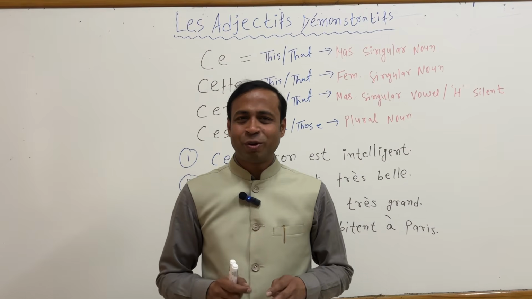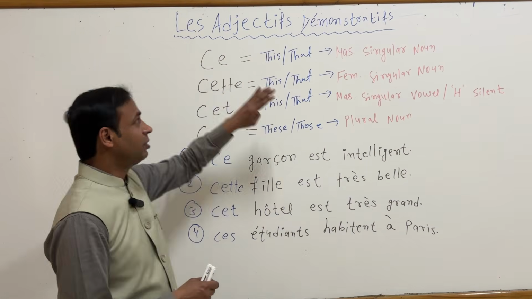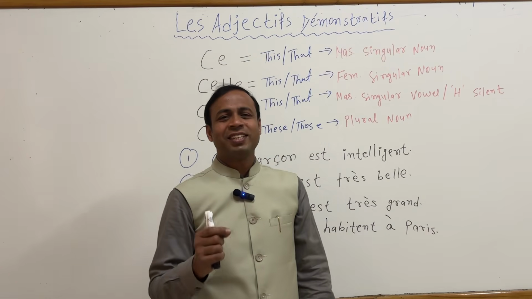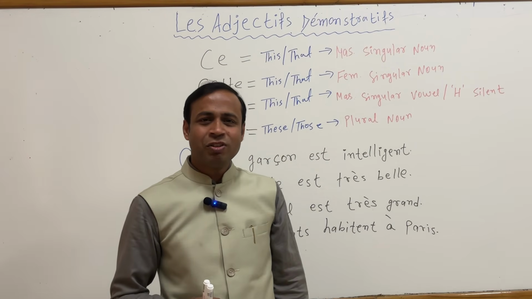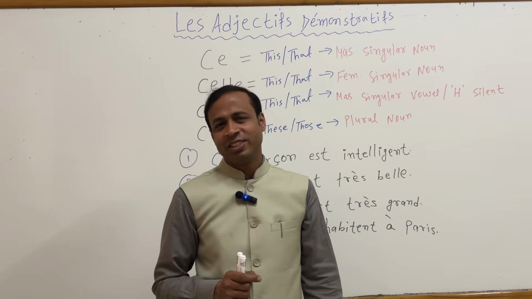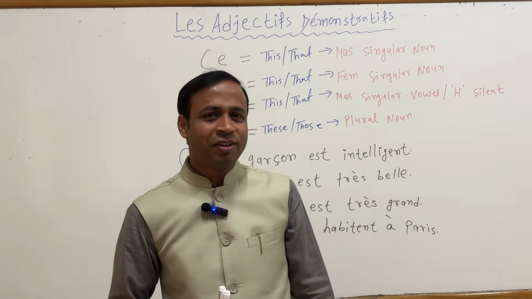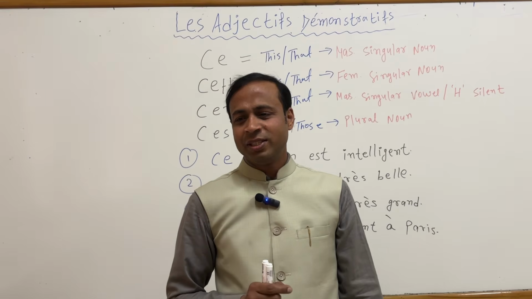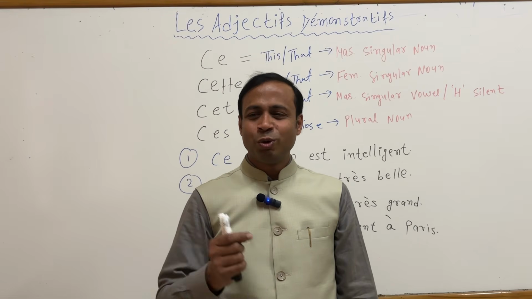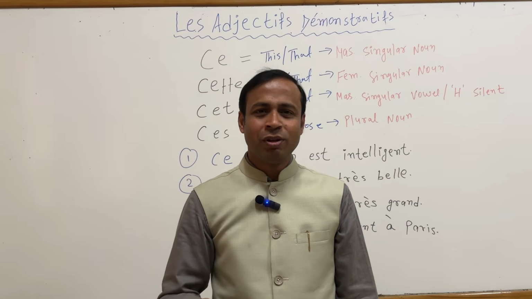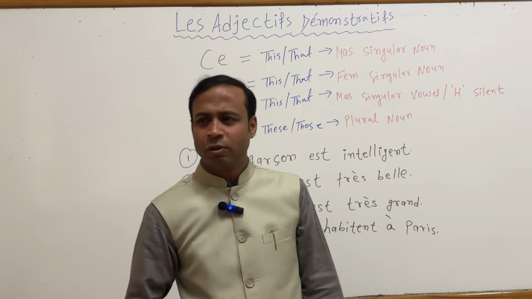Today's topic is Les Adjectifs Démonstratifs, in English we call it demonstrative adjective. So now we have to understand what a demonstrative adjective is. We use it to point out or identify an object, animal, person, or place.